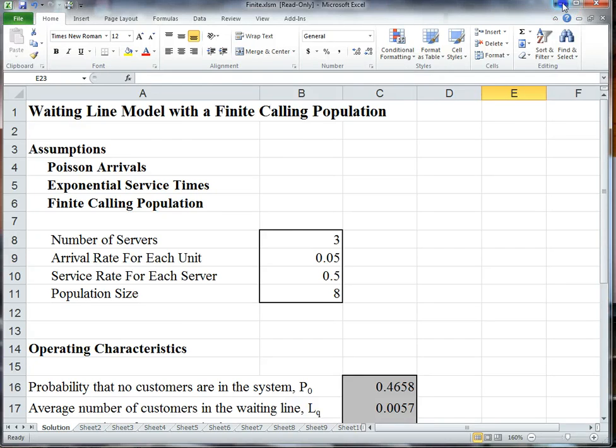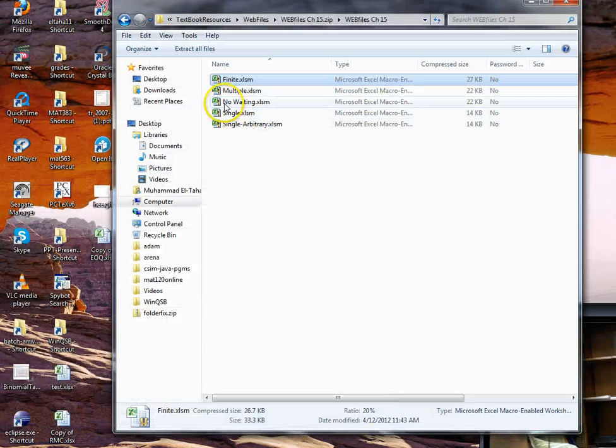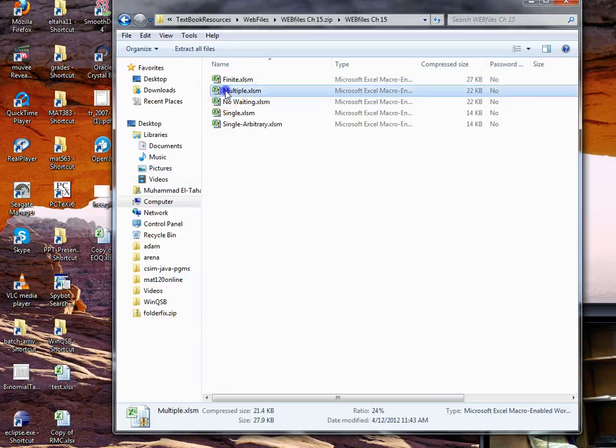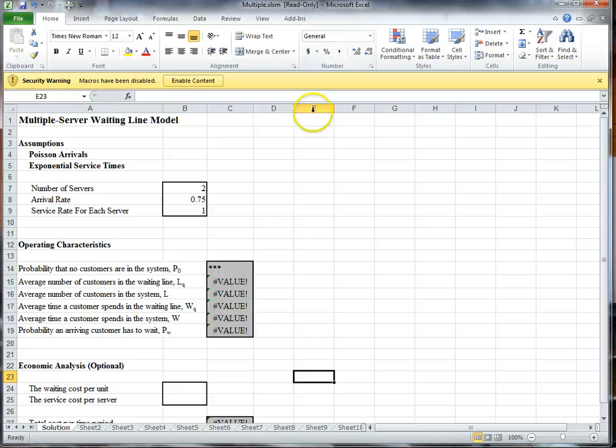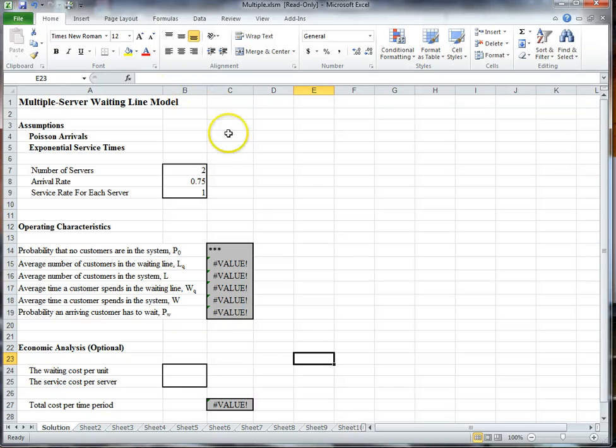Let's do another model. The multiple server model, and I tried this before, enable, and you notice here you lose the values for some reason. It doesn't work, but I figured out a way to fix it, where you go to formulas.